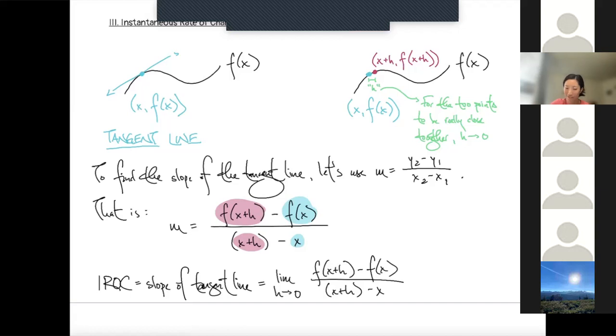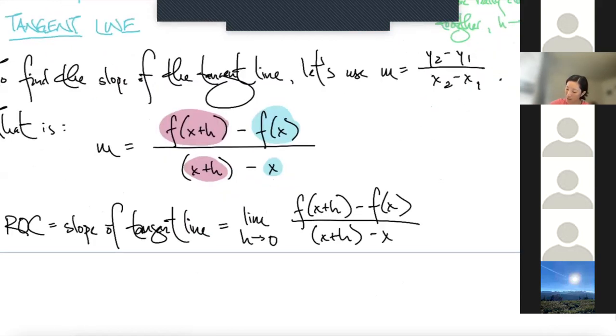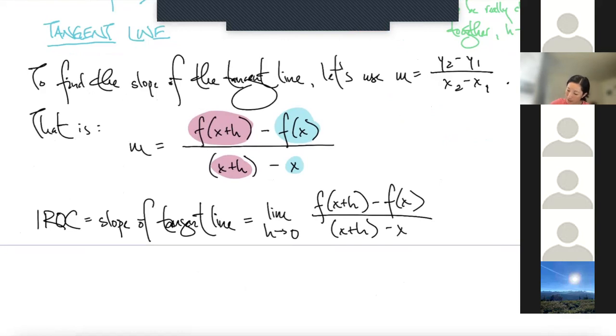Okay, I love these questions. Let's take them one by one. So one question is, can we simplify the denominator? Let's see. What does that denominator become? Yeah, right, because we have this x minus that x.